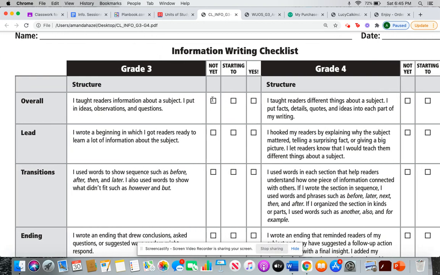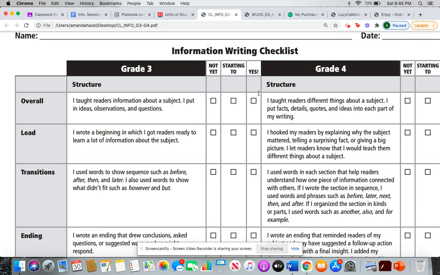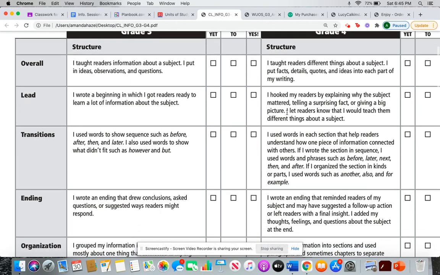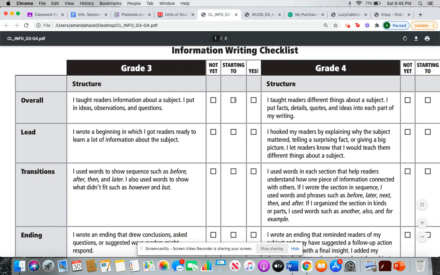We have, no, I haven't done that yet. Yes, I'm starting to. Or, yes, I have completed that. And what's cool about this checklist is that you can see what you will work on next year in fourth grade compared to what you work on this year. Okay? But for now, we're in third grade, so we're going to focus on grade 3.